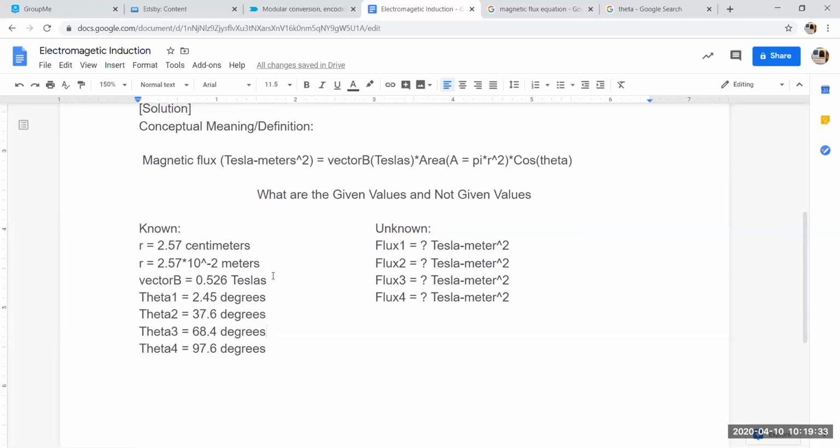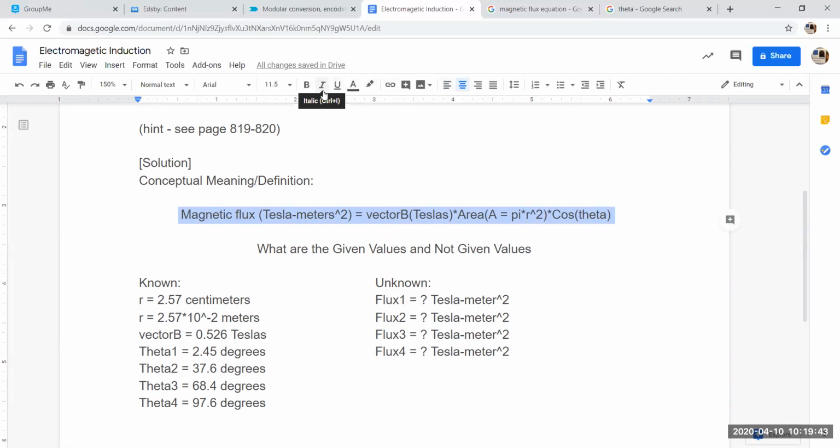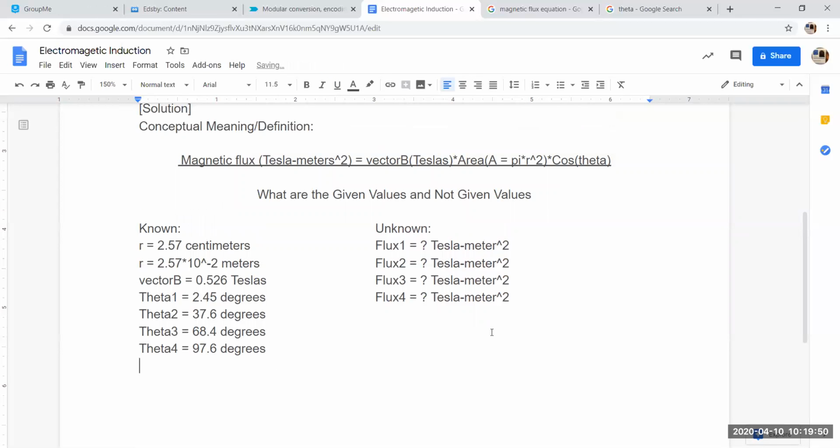Now, what do we do? Well, we gotta take the equation we're given here, this magical thing, which is your tool to calculate the flux. So if we come down, we should start with that equation. So let's take the conceptual parts like magnetic flux and just put flux and vector B, area, and just what's necessary here, okay? So take this right here, copy that and put it down here.